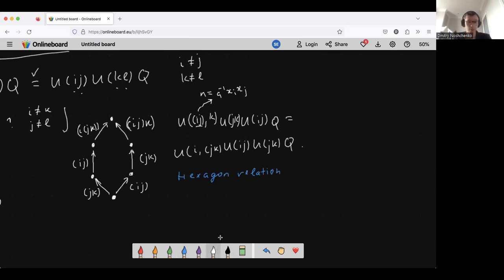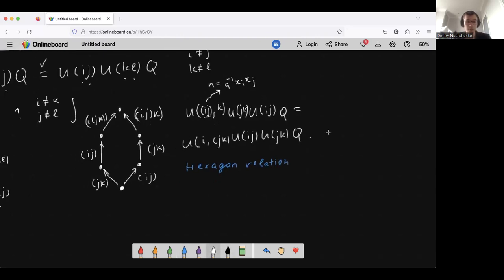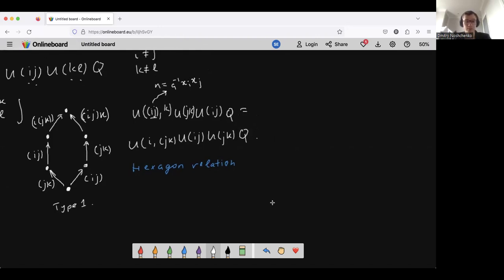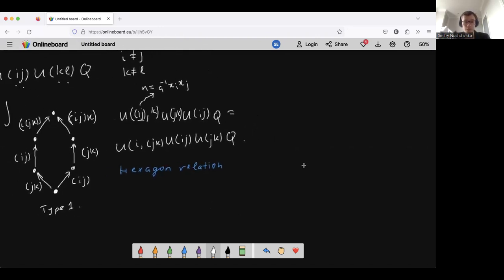And one can also write the second type. So this is type 1, and type 2 would be very similar, but with a slightly different order of operations. So type 2 would be the following. The start is the same, so we have ij, jk here.